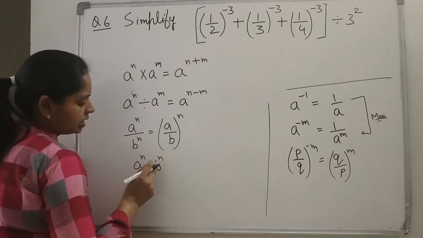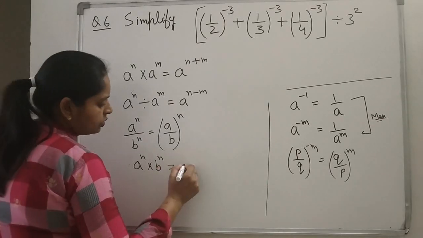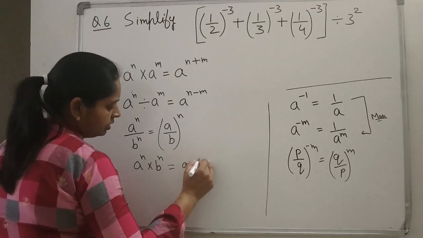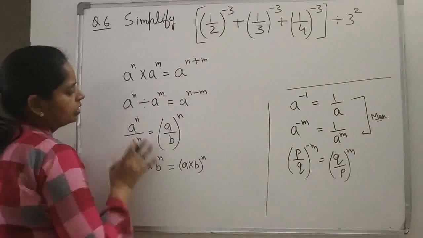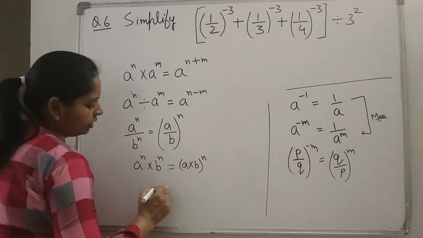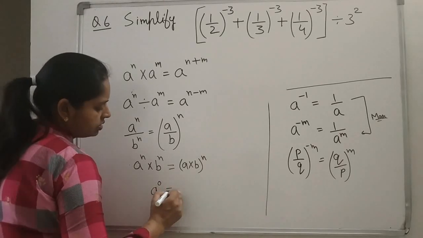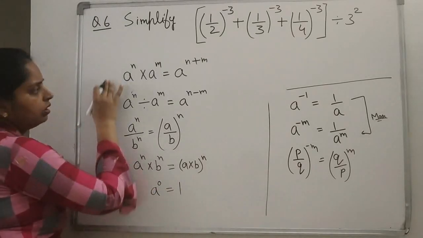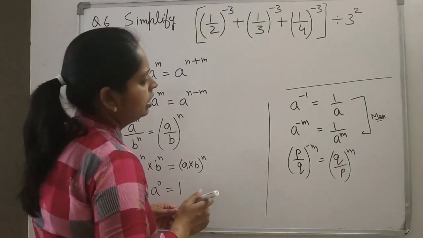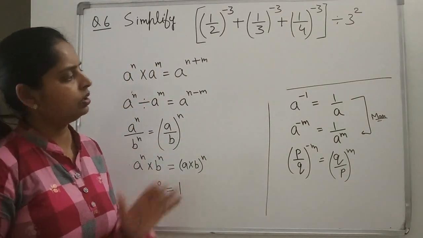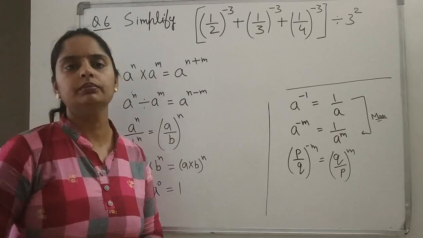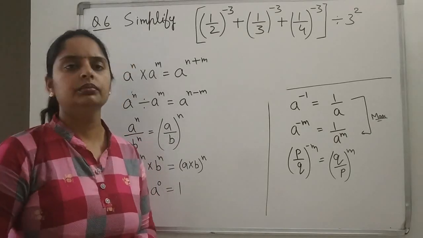If powers are the same and bases are different, we can multiply and take the power as common. So these are the basic things, and one very important thing: a to the power 0 is how much? 1. So we have used all these laws in this chapter. Just do maximum practice using the laws, then your questions will be very easy. Okay, thank you. Do well.